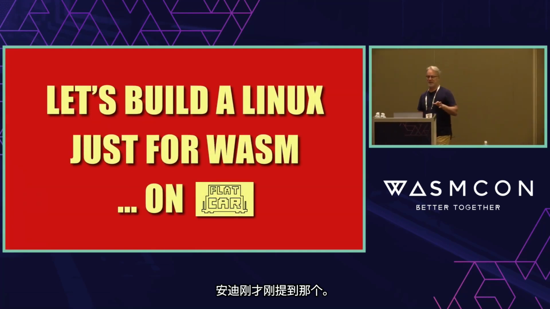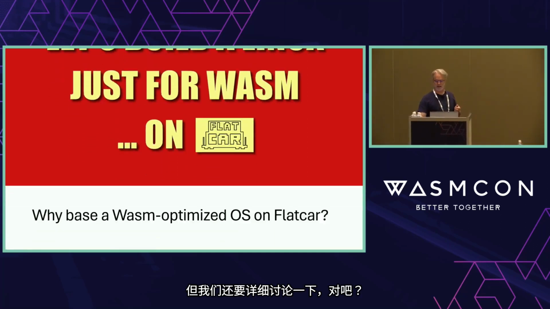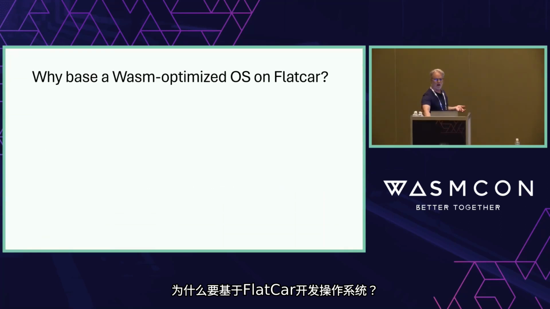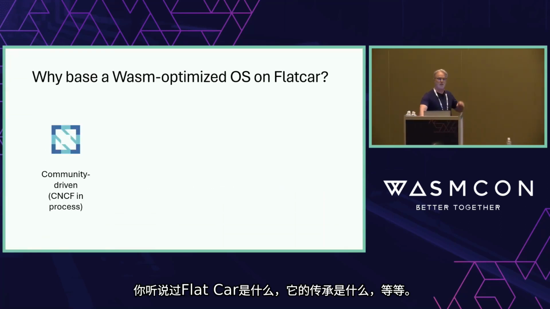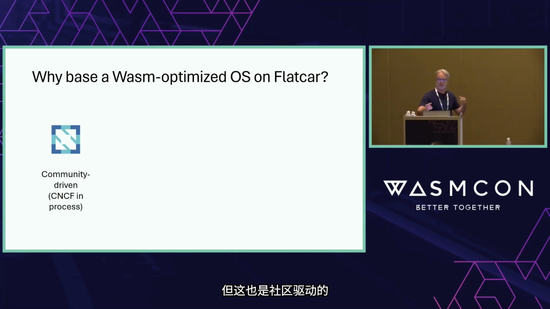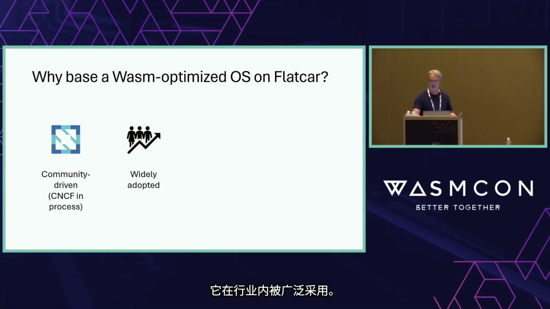And Andy talked about that just a moment ago, but we're going to talk a little bit more about the details, right? Why base an OS on Flatcar? Well, it's actually a really good way to do it. You've heard about what Flatcar is, what its heritage is, and so forth, but it's also community-driven. It's in process of submission to the CNCF. It's widely adopted across the industry.